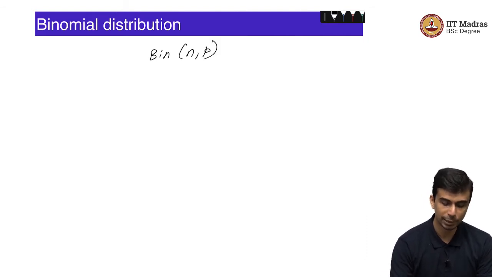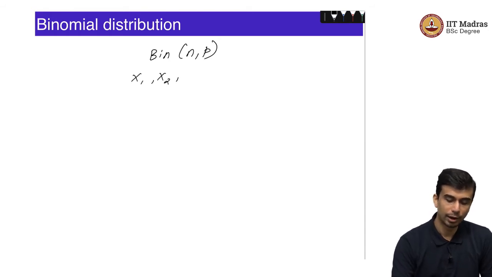Now we have the binomial distribution. The binomial distribution is denoted as binomial of n comma p. The binomial distribution occurs naturally when you add independent Bernoulli random variables.